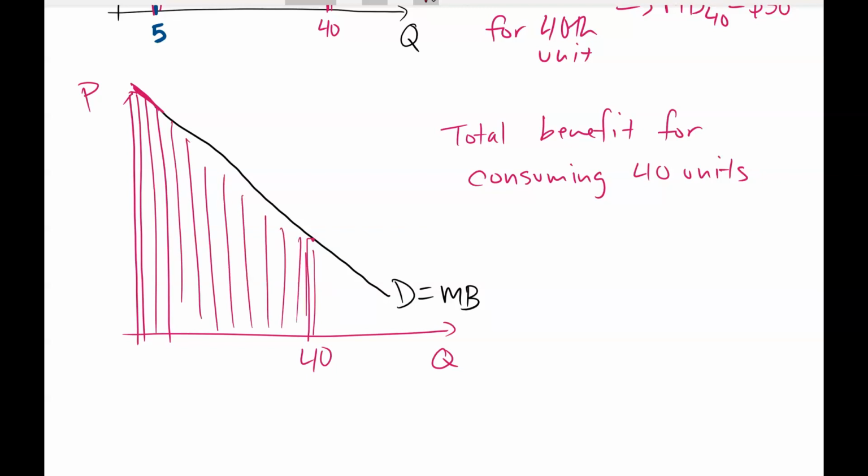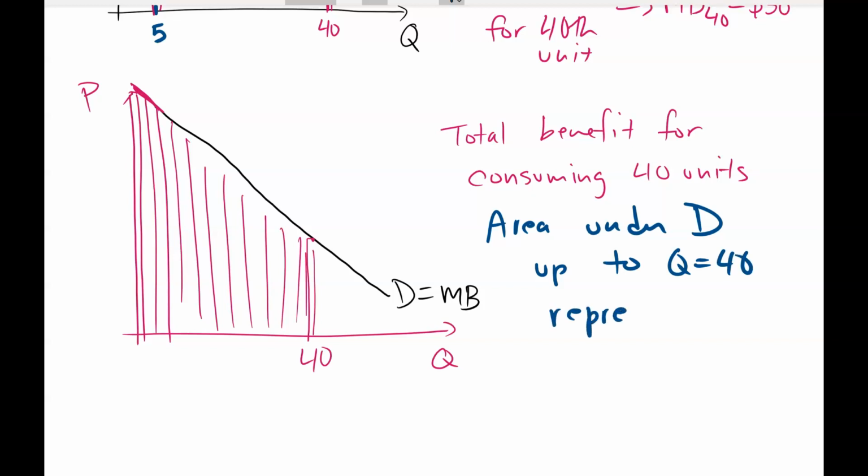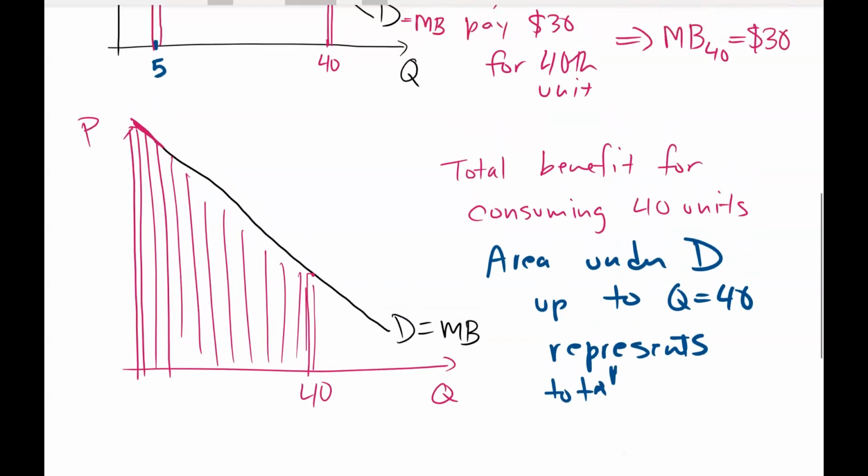So the area under the demand curve, up to Q equals 40, represents the total benefit. Each height represents the benefit that one person receives for that particular unit. And this whole thing represents the total benefit for this amount of 40.